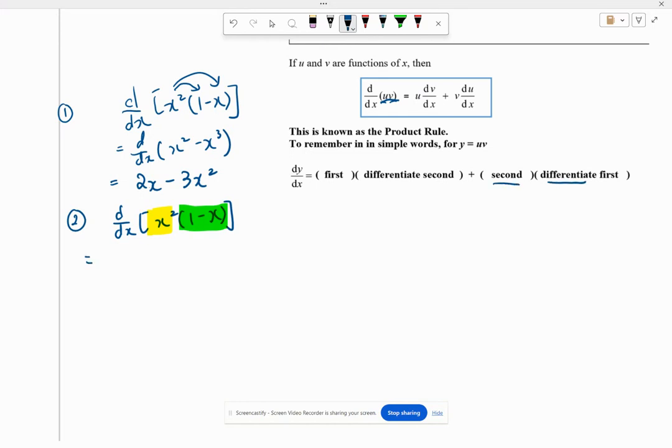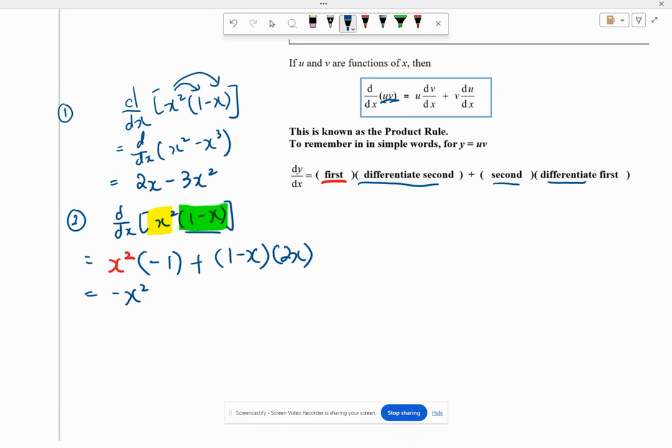So let's do this. So dy dx is the first one. So I copy down the first one times differentiate second. So I differentiate the second one, which is minus x, minus 1, plus the second one, which is 1 minus x, times differentiate the first one, which is 2x.